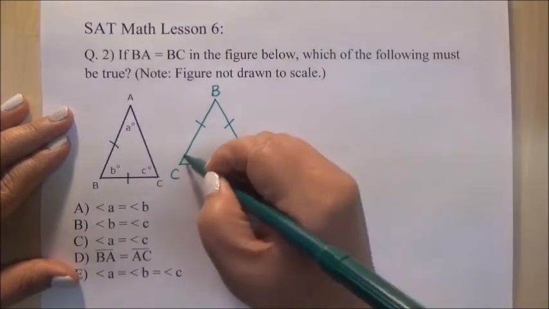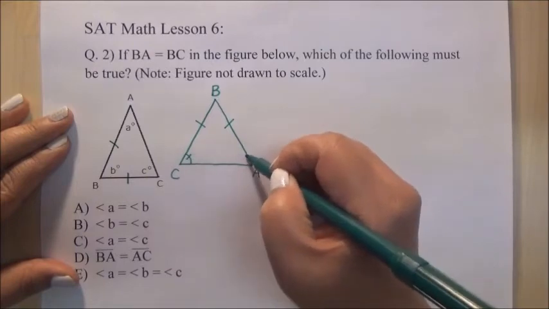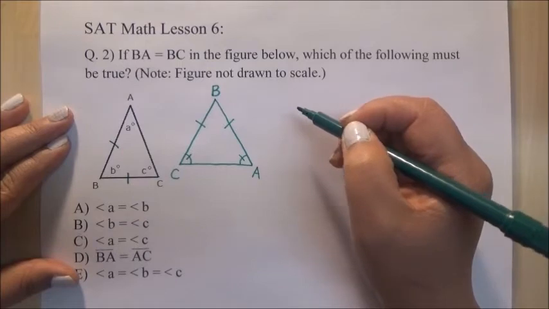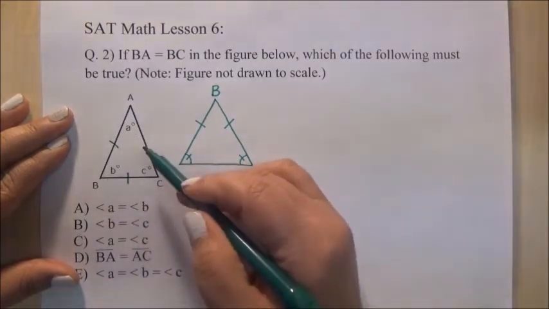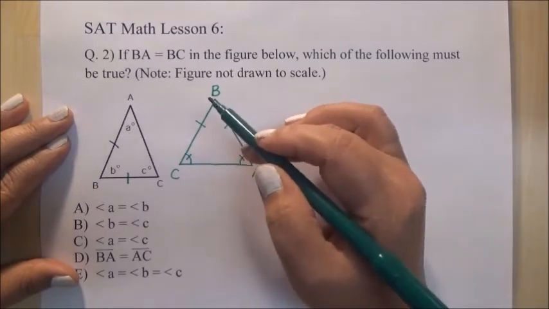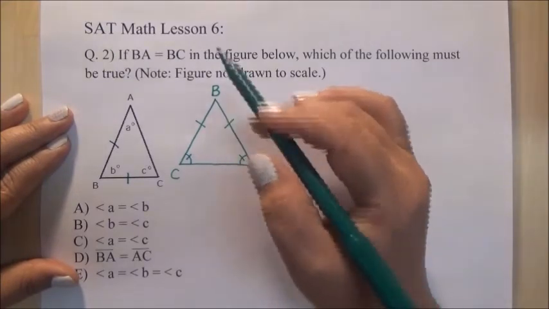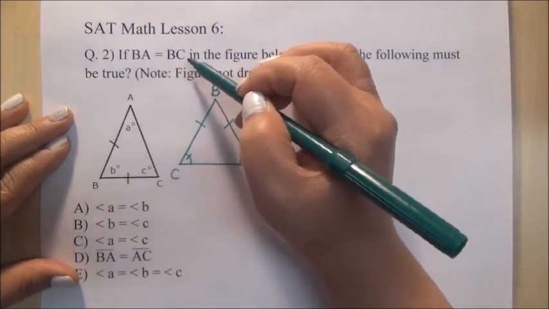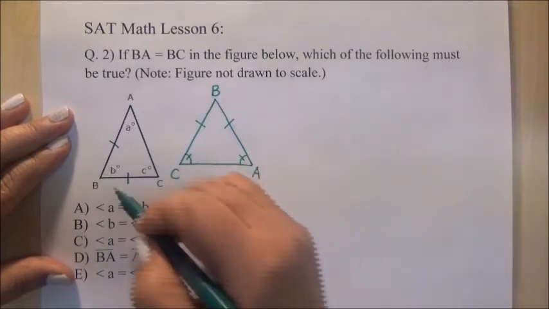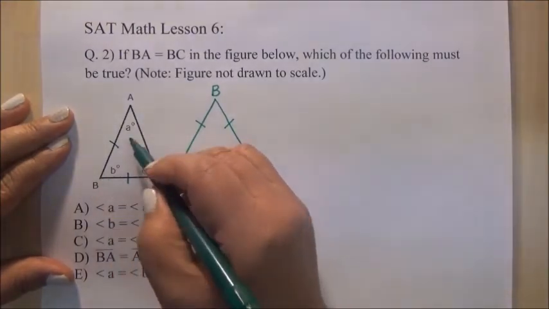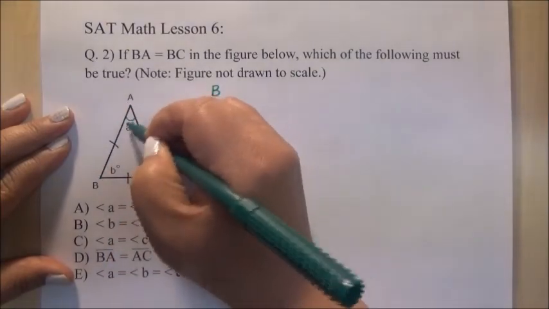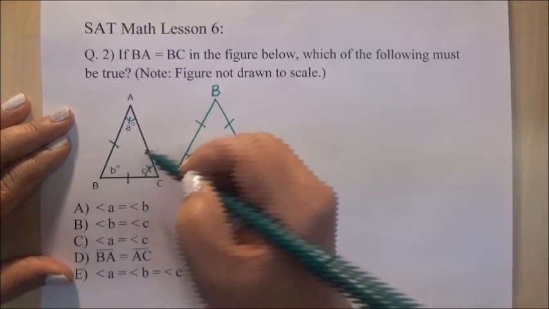So this and this are also congruent. That is why we know this is isosceles, but we don't know triangle ABC is equilateral because it doesn't say BA is equal to BC is equal to CA. So at least we know angle BCA and angle BAC are congruent.